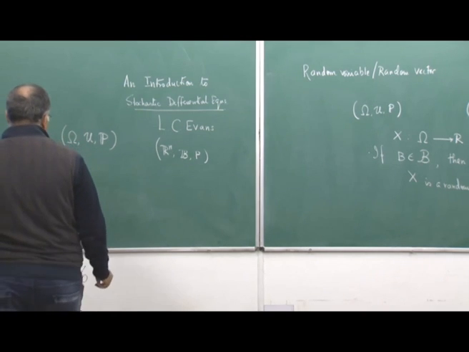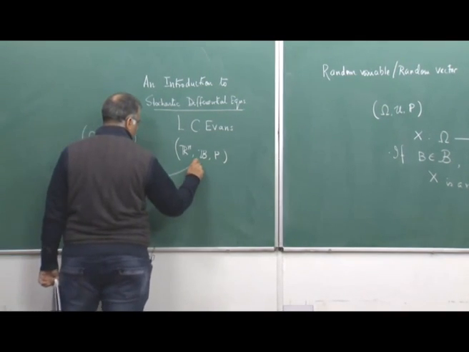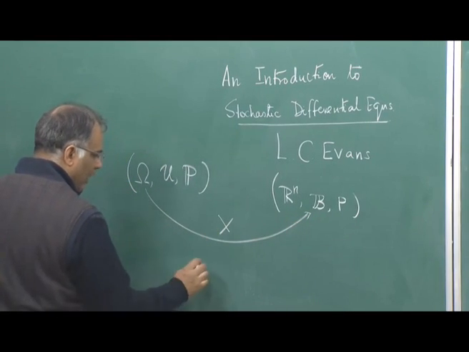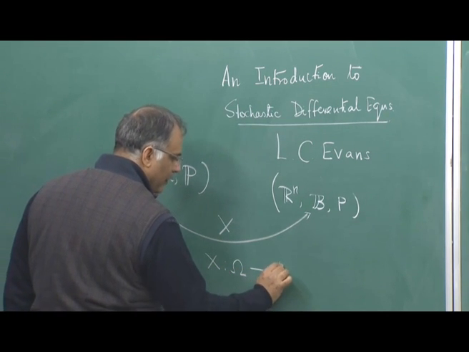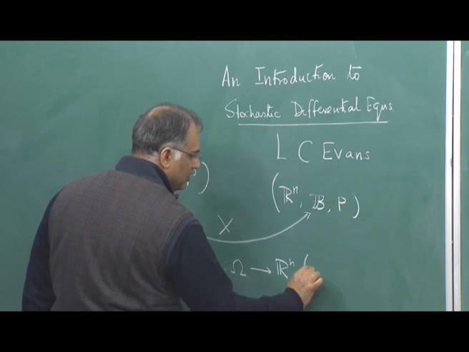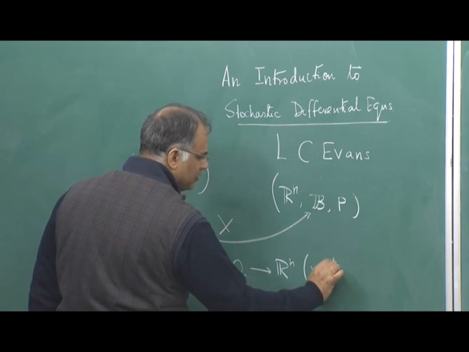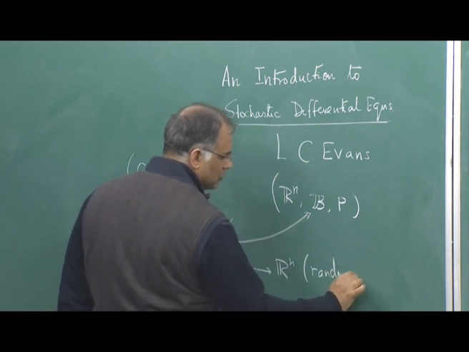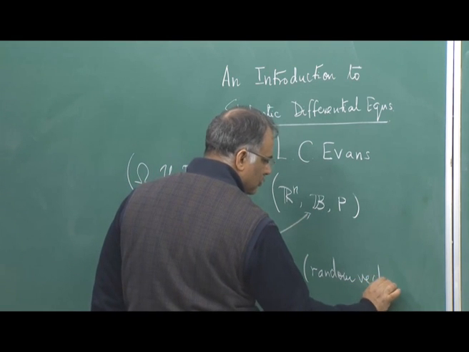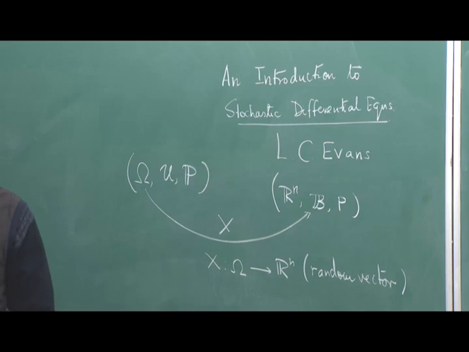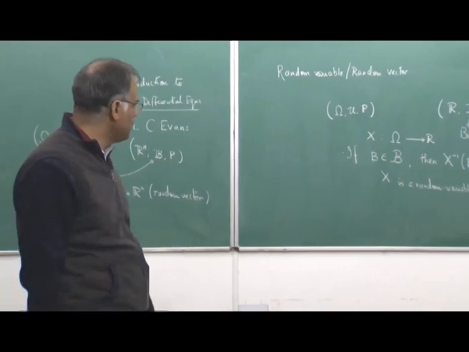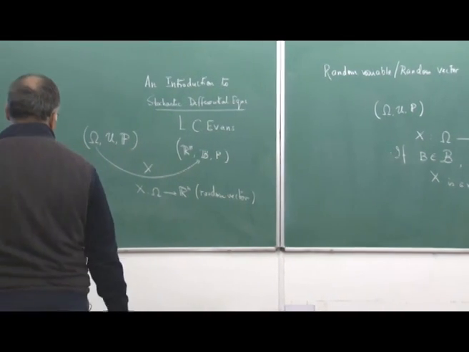So, you take a mapping X. So, you again take X now. This is called a random vector. Most of our studies would largely remain in the domain of random variables, but this is just to give you a generalization.